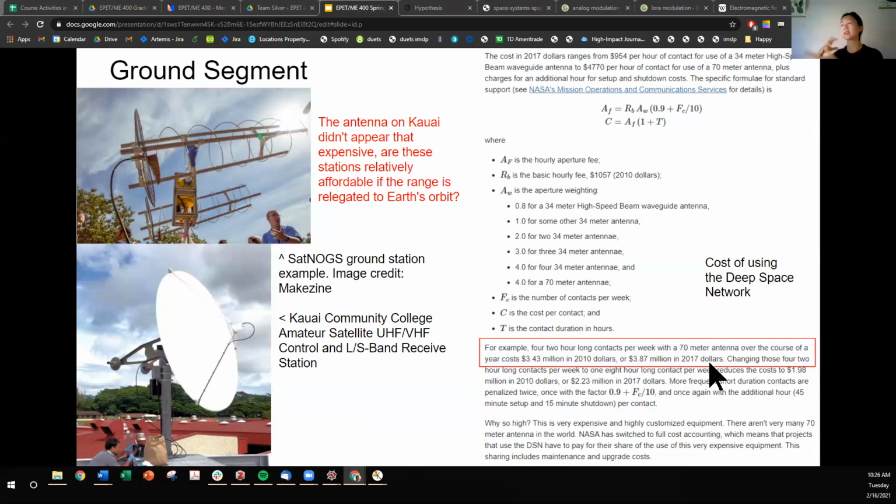So you can see this, I don't want to say it's exactly some exponential trend, but it's definitely not linear. It's crazy how expensive things can get the larger you scale your ground stations.